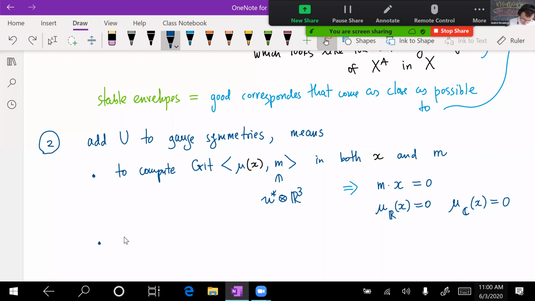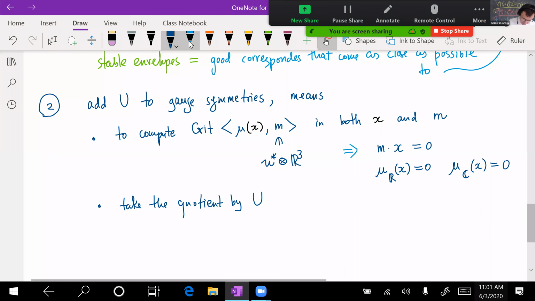and second we take the quotient by U. This procedure is called the hyperkähler quotient, and different people use different numbers of slashes.